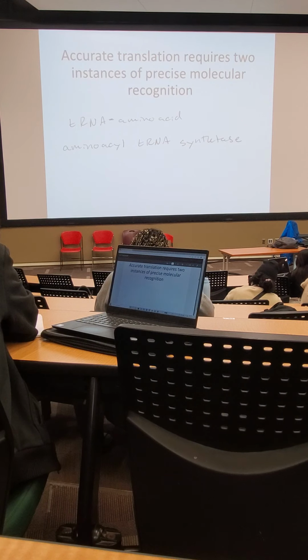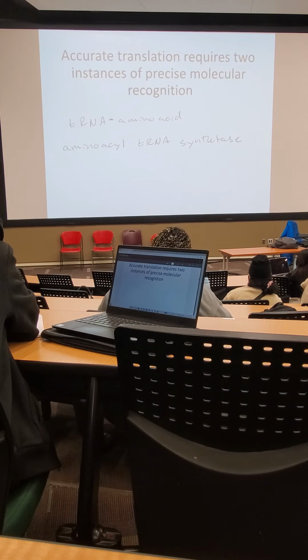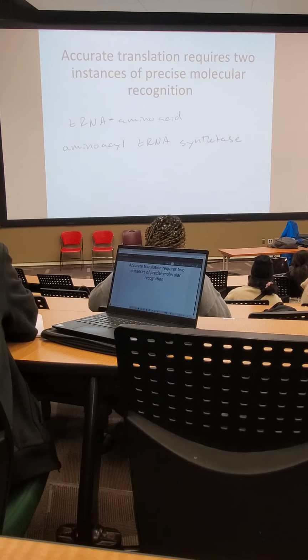And so "ase" tells us it's an enzyme. What is this enzyme doing? It's synthesizing a bond between tRNAs and amino acids. So it's aminoacyl tRNA synthetase, but that's its job. It's making a bond, a physical connection between a tRNA and an amino acid.